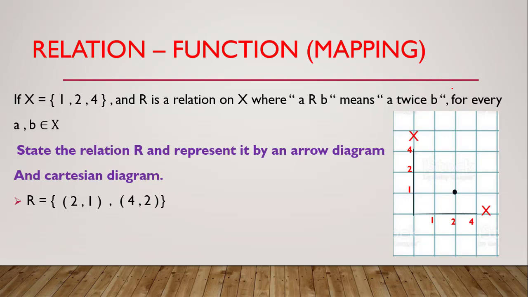This is the point (2,1), and 4 with 2. So this is the Cartesian diagram. And the relation has a rule. I can use this rule to determine if an element will be related to another element in y or not, according to the rule.